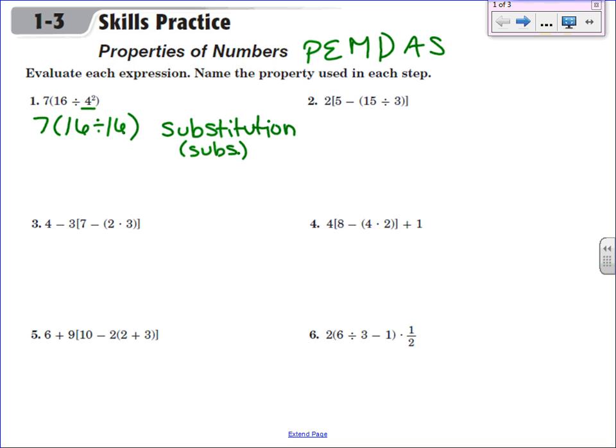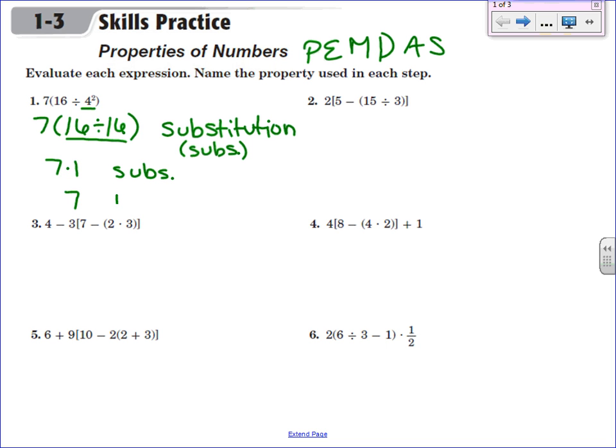The next step, we still have parentheses, so we're going to do the division in there. 16 divided by 16 is 1. And once I just have a number, I can get rid of the parentheses. And then again, I'm replacing what 16 divided by 16 is, and that's substitution. And then the last step is 7 times 1, that's 7, and there's a property that says anything times 1 is itself.